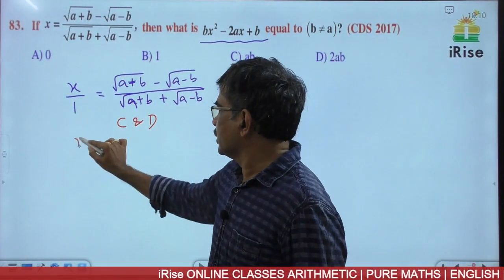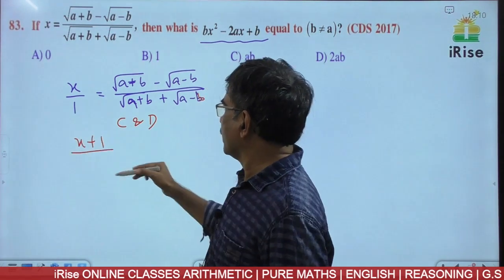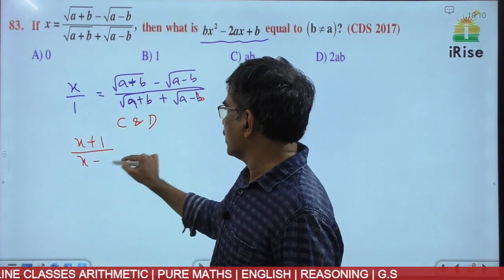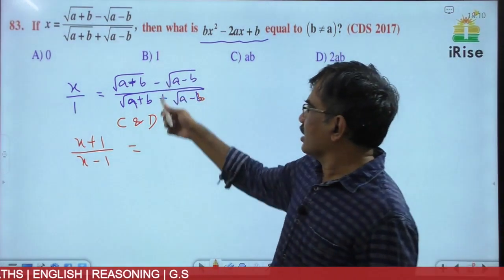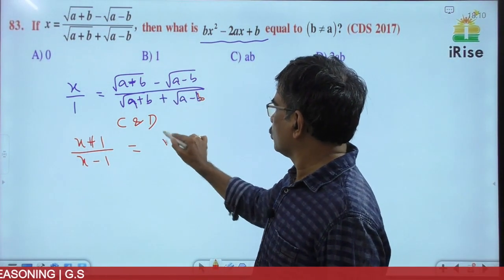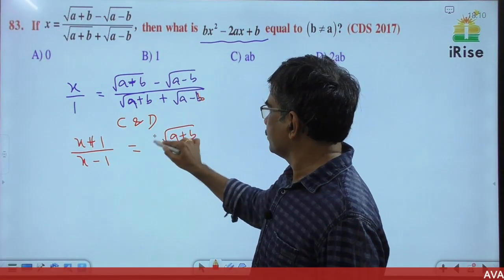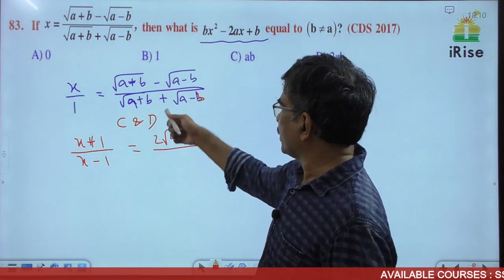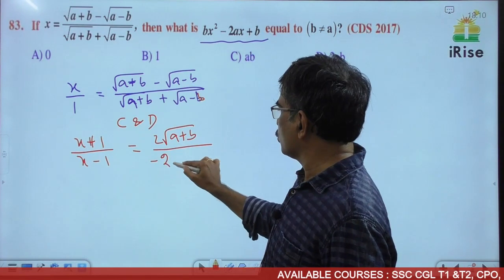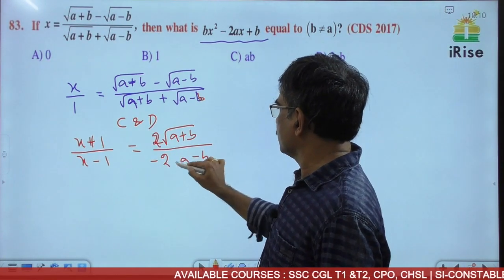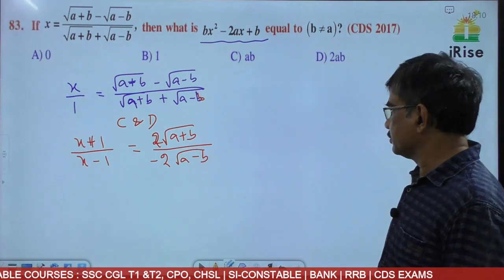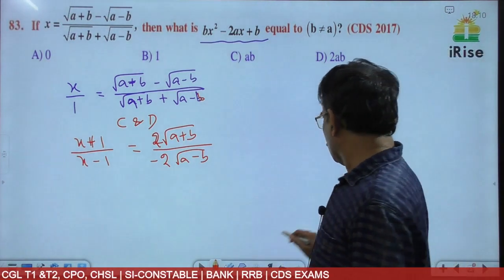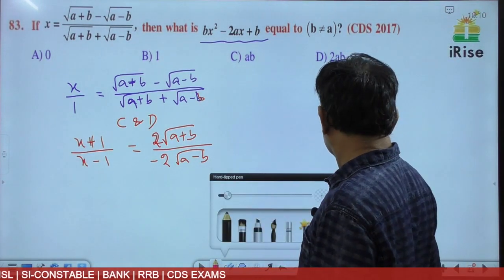Add these two, x plus 1, by subtract, x minus 1, is equal to add these two, 2 root a plus b, by subtract this minus this, 2 root a minus b. Okay, then what we get here? 2 gets cancelled.